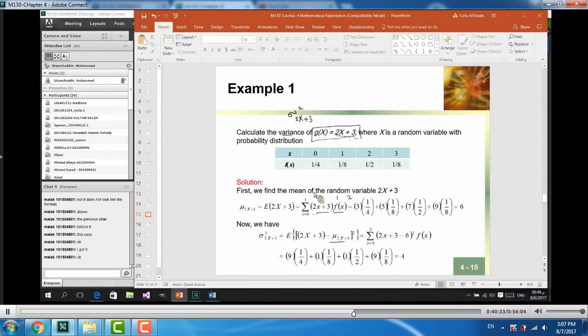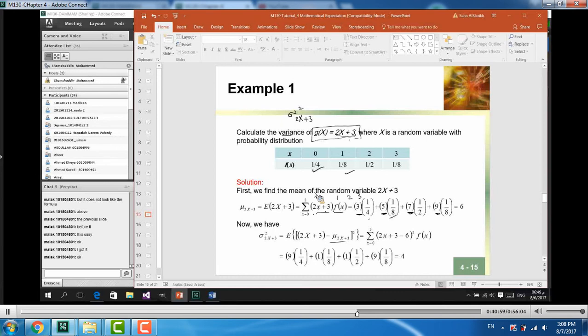At the 2, it is 2 multiply 2, 4 plus 3, it's a 7. At the 3, it is 2 multiply 3 plus 3, it is a 9. And the fx, as you can see, it's 1 over 4, 1 over 8, 1 over 2, and 1 over 8. Multiply, add everything, get the result. This gives you the mu of the 2x plus 3.